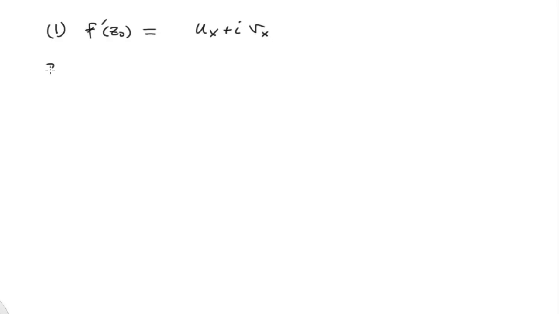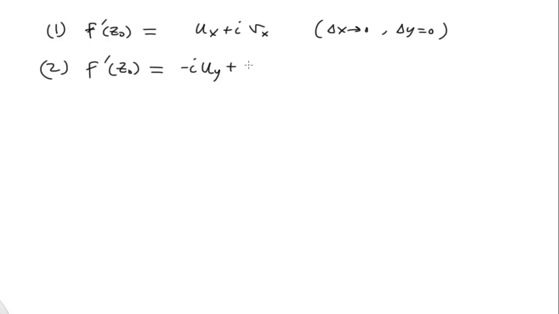Okay, and then path 2, again, this was with taking delta y going to 0, and saying delta x now is equal to 0. And then for path 2, we found a different identity. We found this one, negative i u y plus v y.